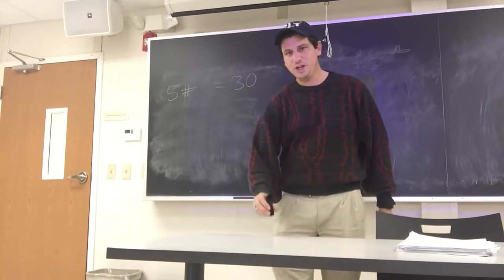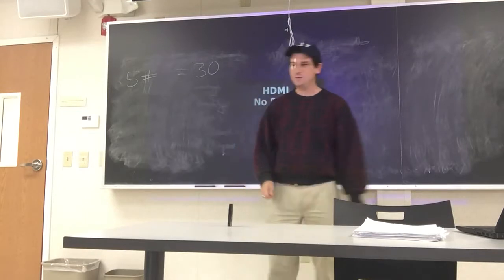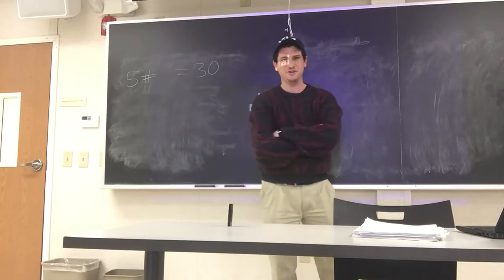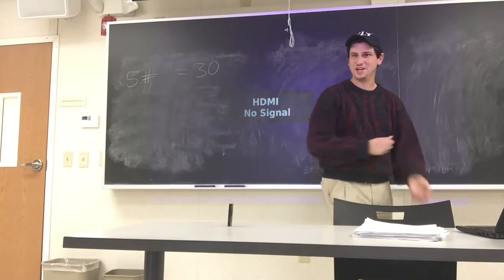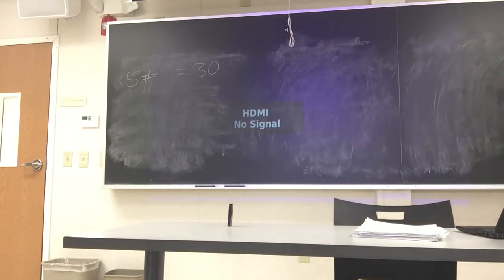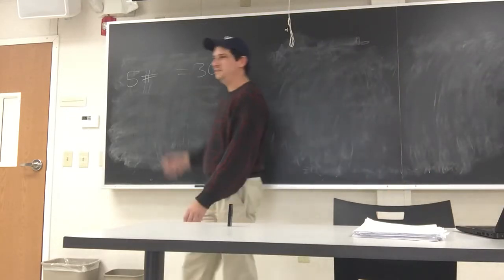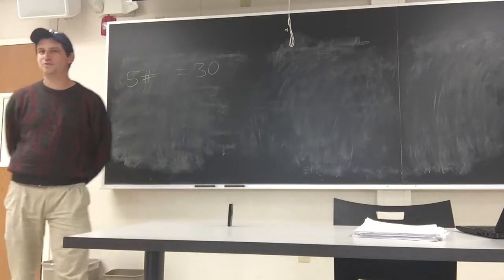All right, so while we are waiting for people to come, the question is 5 with a pound sign equals 30. What is the pound sign mathematically? Have you ever seen anything structurally like this before?